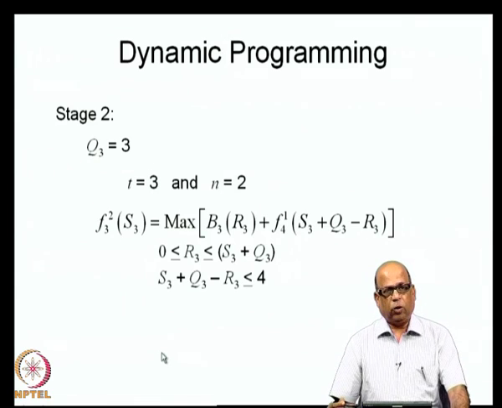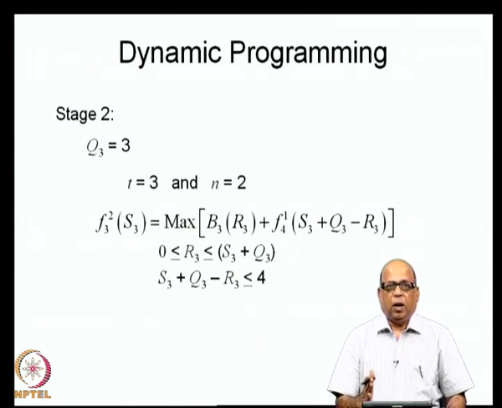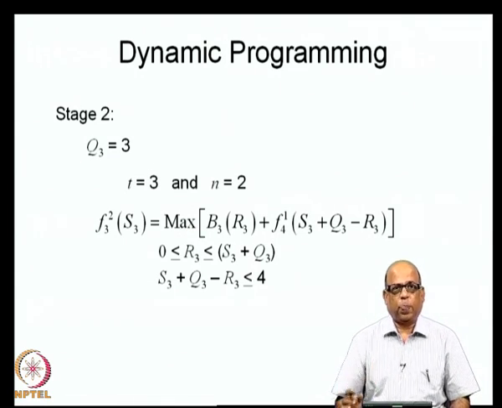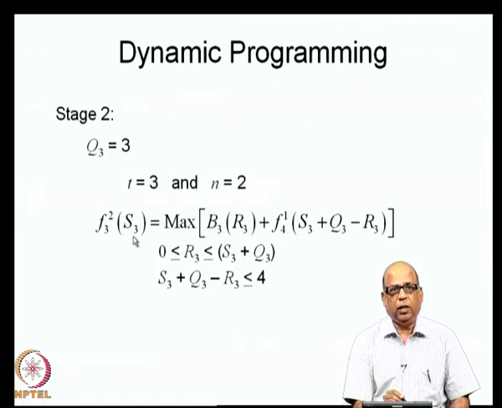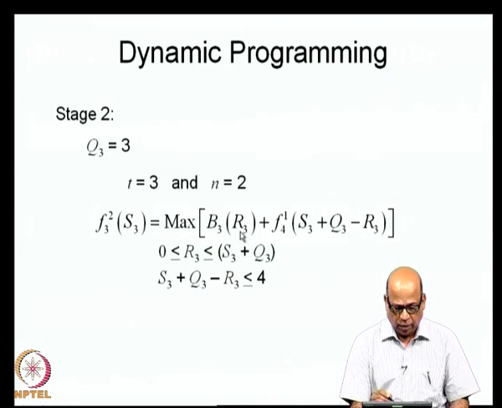So, this is what we did in the previous lecture, and then we went to stage 2. In the stage 2, we are in period t is equal to 3, and stage is 2. We are asking the question, if S 3 is known, that means if S 3 is equal to 0, 1, 2, 3 etcetera, what should be my R 3?